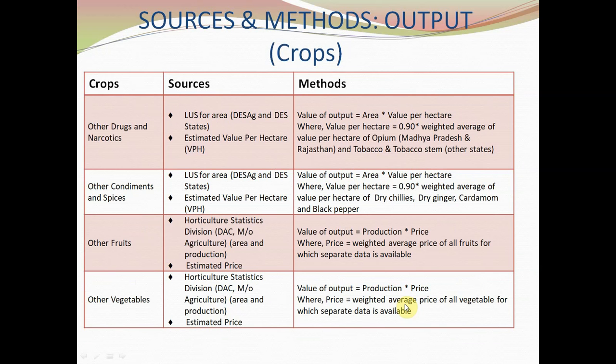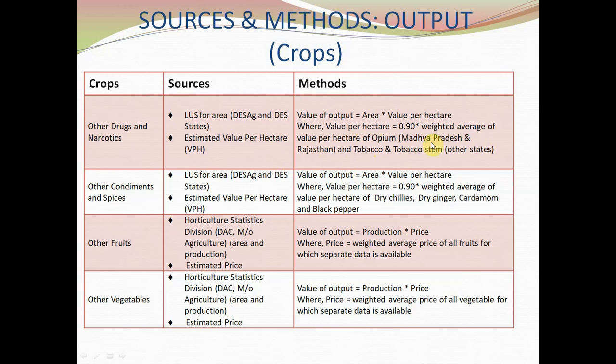Okay, next. Now, other drugs and narcotics. Here, same source, we are using land use statistics for area from DAG and DES states and estimated value per hectare, which is calculated as 90% of weighted average of value per hectare of opium.